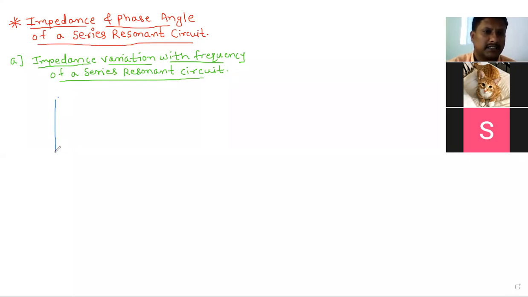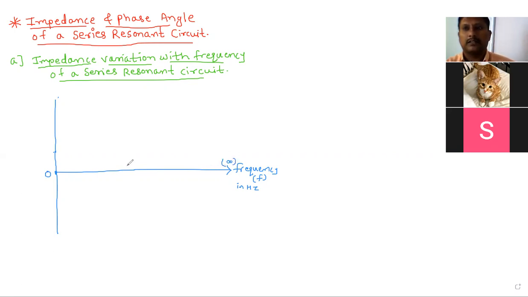On the x-axis we can take the frequency F, in hertz. It will start from 0 and somewhere here we can take infinite. In between, the resonant frequency is there.